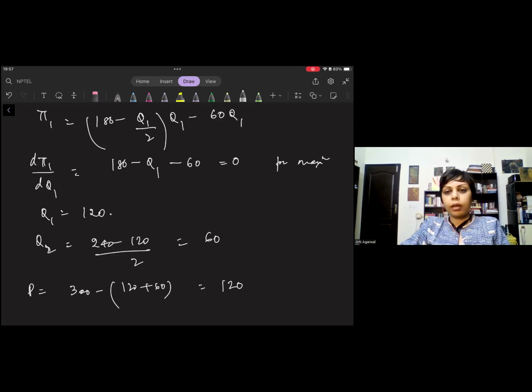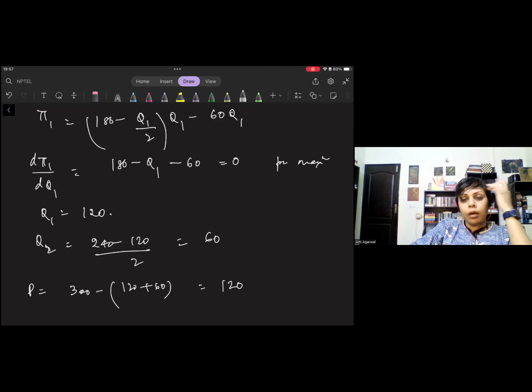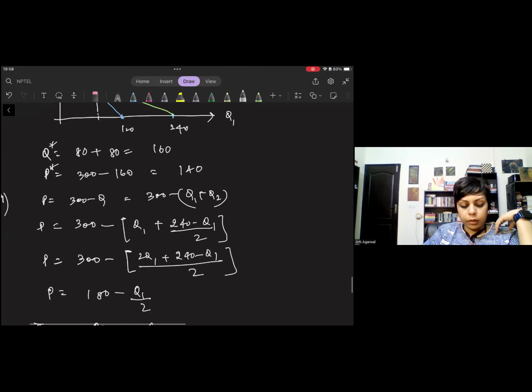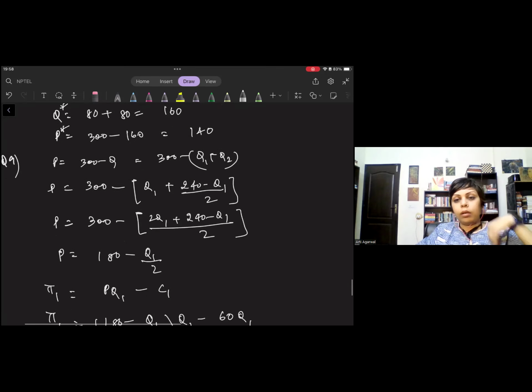There are many examples in which you will have differentiated products and each firm is facing a slightly different demand function from the other firms. So then it becomes slightly different, but the basic approach is still the same. In this case, we have only one entire market demand being shared between the two firms.